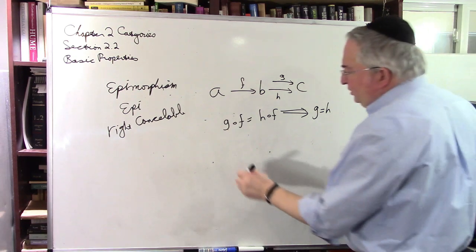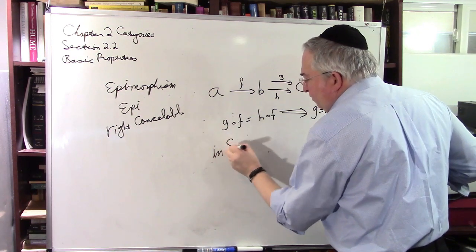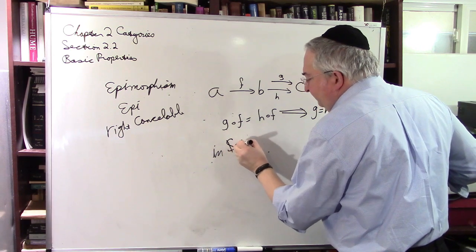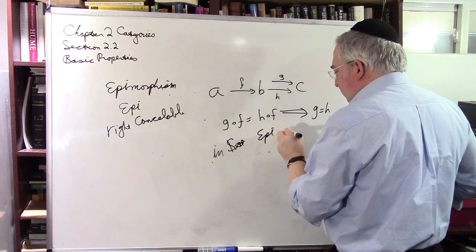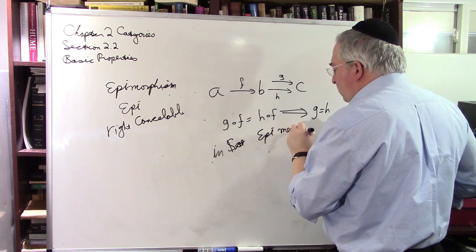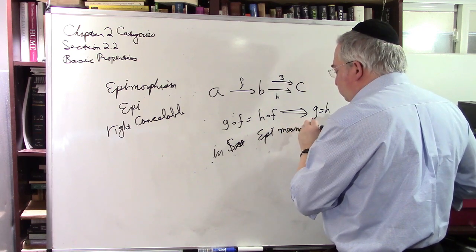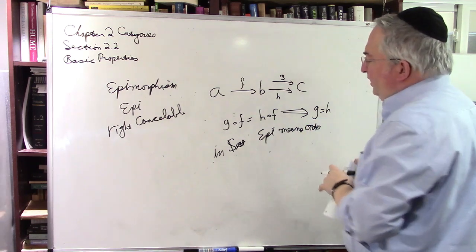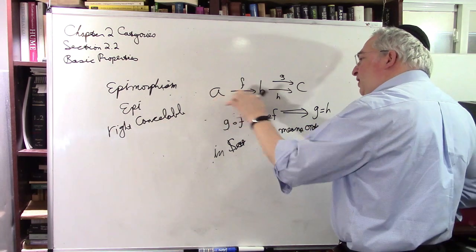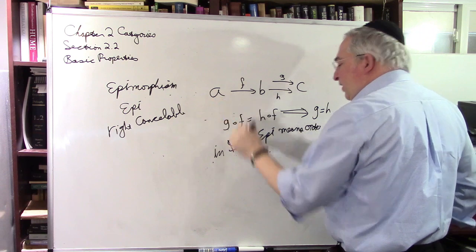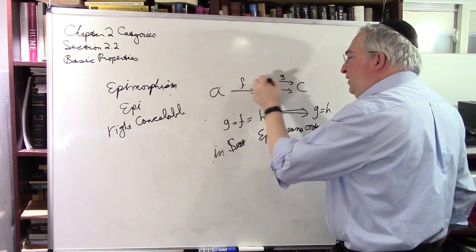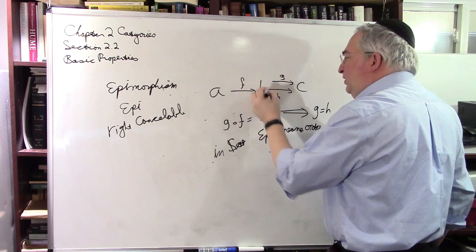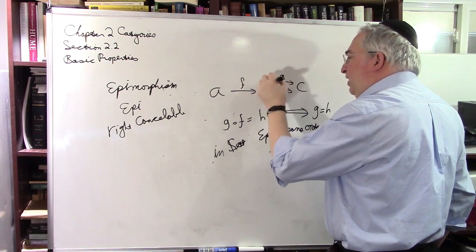Okay, let's just say it in, I don't want to go through the details. In set, epi means onto. And the idea is as follows. Basically, in set, so you have F from S to T, if it's going to be onto, then it's going to cover every element.